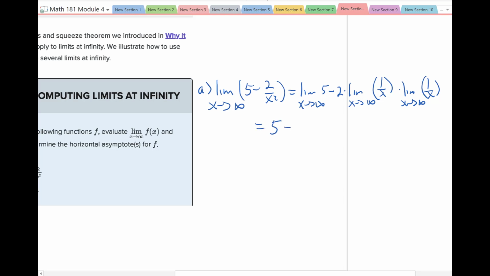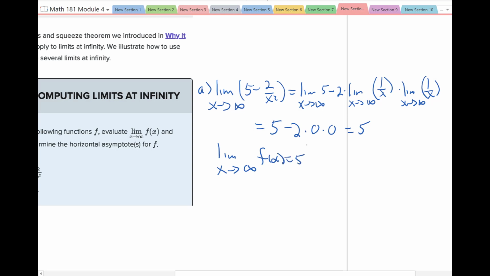It's going to give us 5 minus 2 times, and the limit as x approaches infinity of 1 over x is 0. So we multiply by 0 twice, and we just get 5. So the limit as x approaches infinity of f of x equals 5.